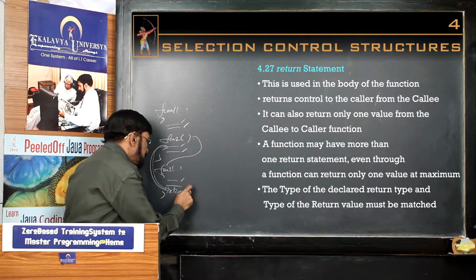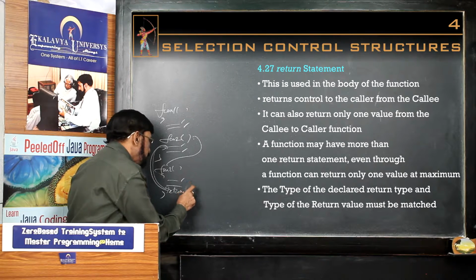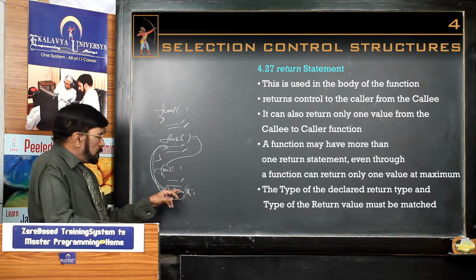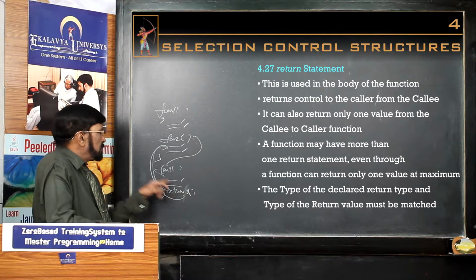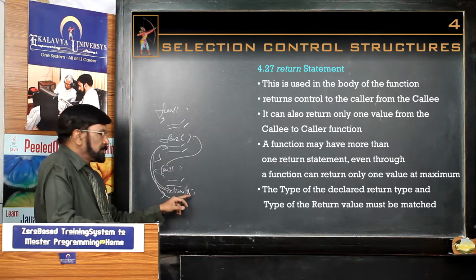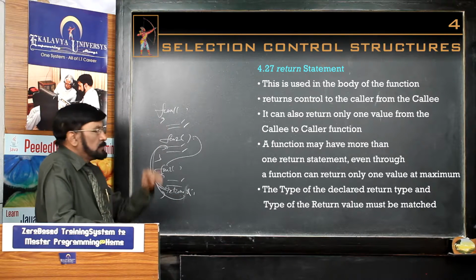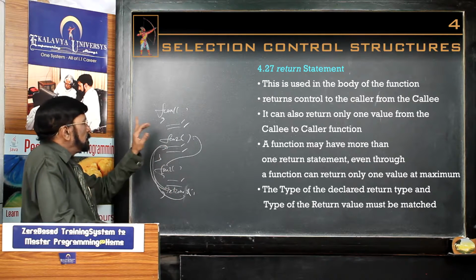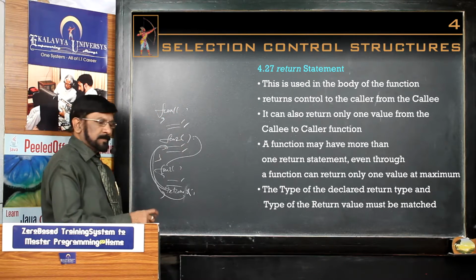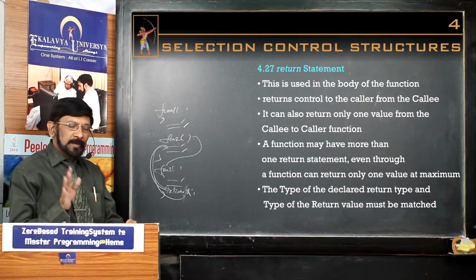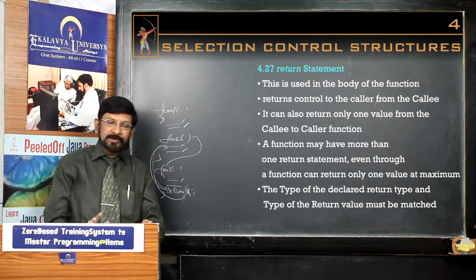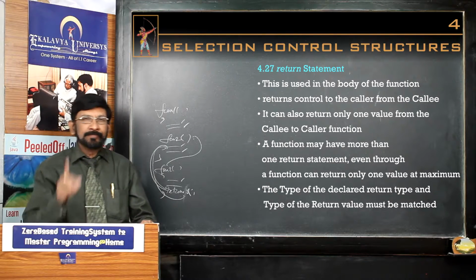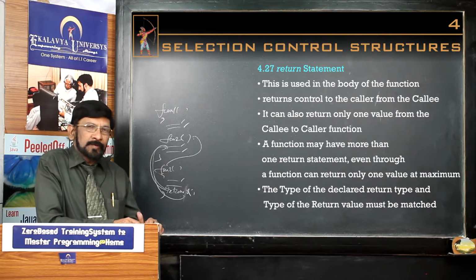Suppose it returns some value x, then two things are transferred: the x value is transferred to function 1, and the control is also passed to function 1, that is the caller. So in this manner you have to understand, and in the next chapter we'll have a detailed discussion over the return statement.